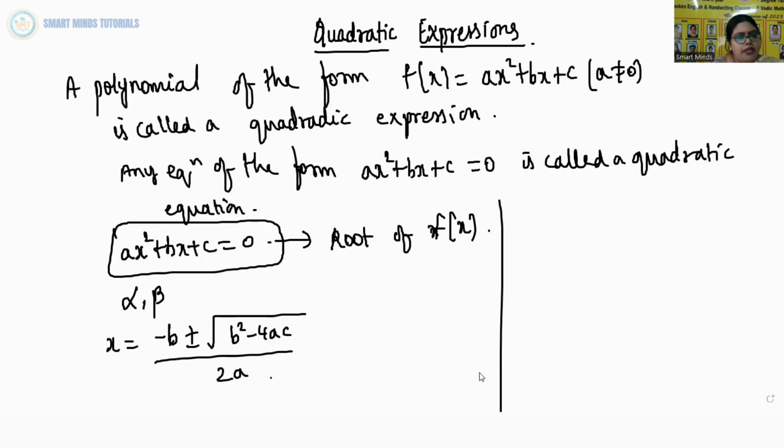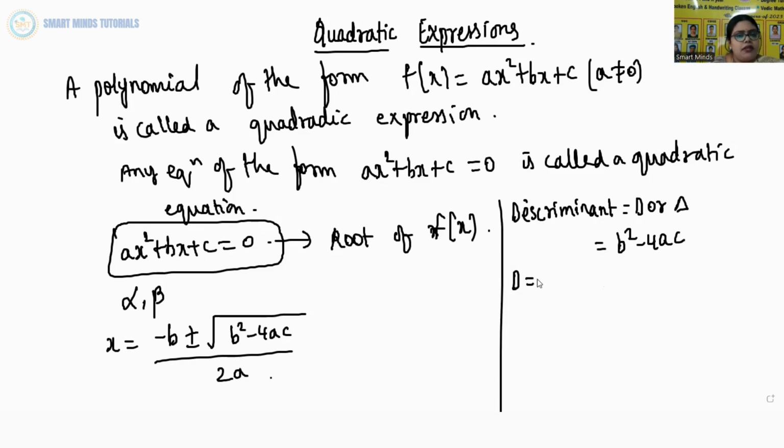Now based on the value of this under root part, that is b square minus 4ac, we can say the nature of the roots. So that is called the discriminant. Discriminant is denoted by d or delta and its value is b square minus 4ac.